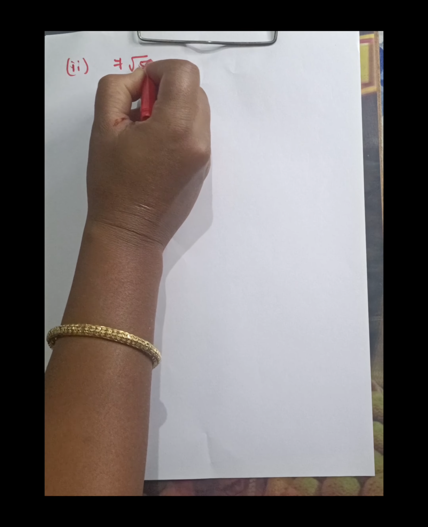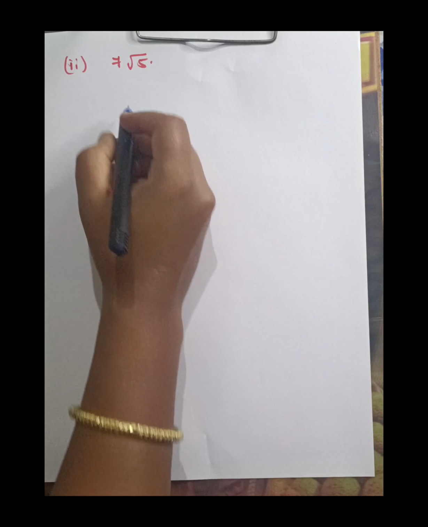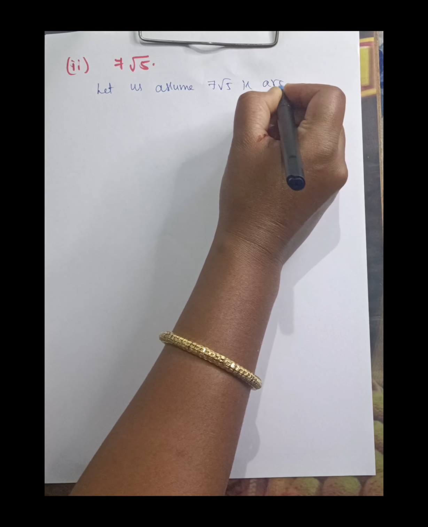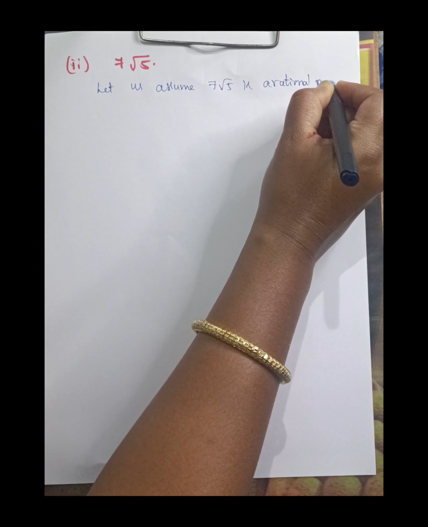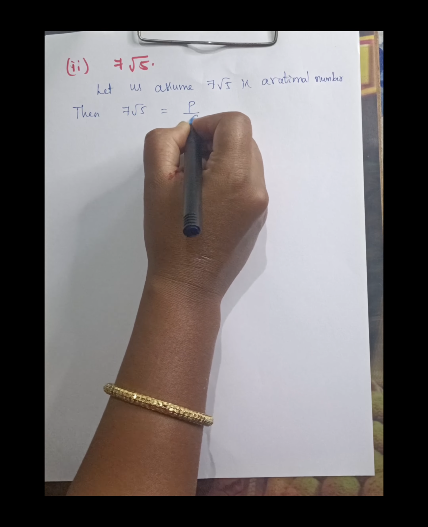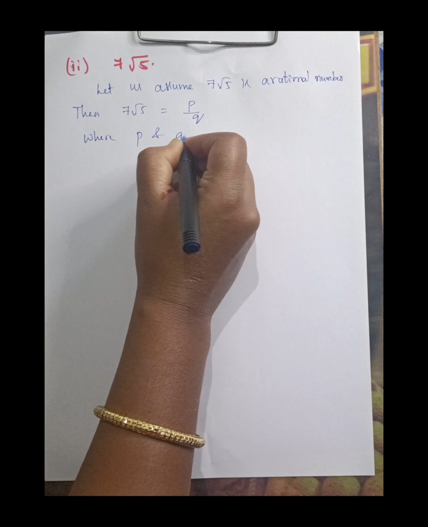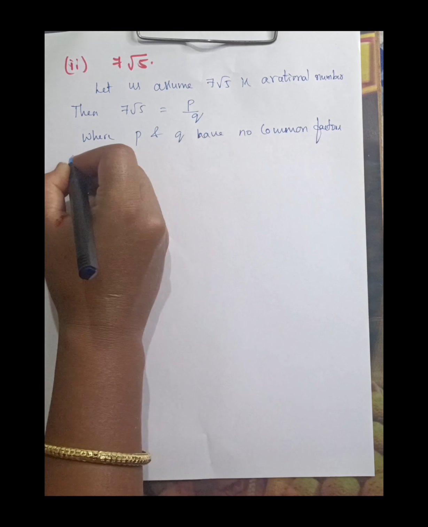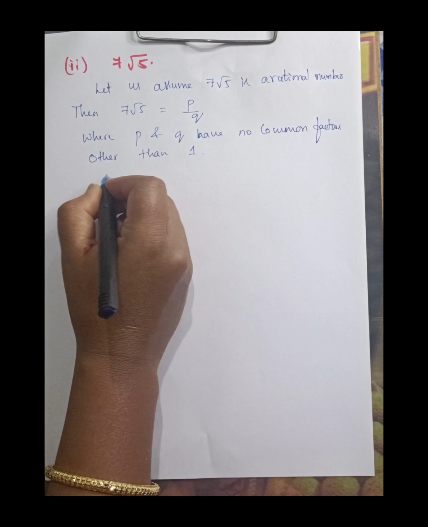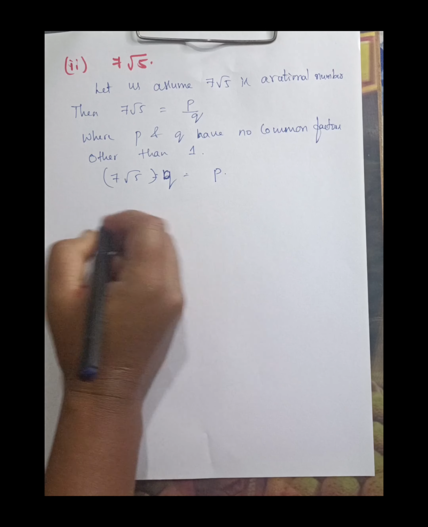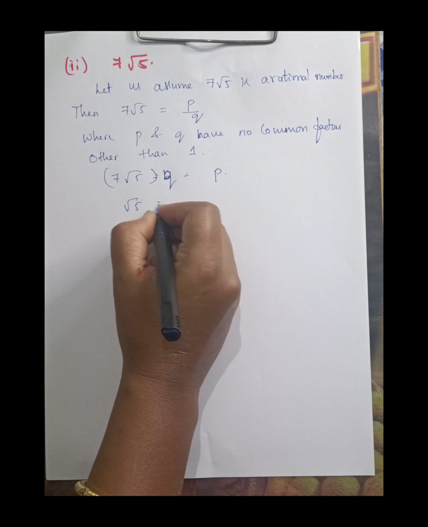Now, let us jump to the next problem, 7 root 5. Let us assume that 7 root 5 is a rational number. Then 7 root 5 is equal to p divided by q, where p and q are co-prime numbers, or p and q have no common factors other than 1. 7 root 5 into q is equal to p.